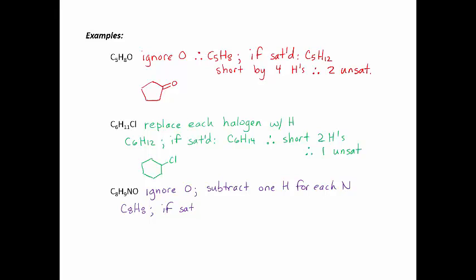If saturated, that would be 8 and 8 is 16, 17, 18. That would be a whopping 18 hydrogens, C8H18. If we take 18 minus 8, we get 10 hydrogens. We are short 10 hydrogens. So therefore we have 5 unsaturations.